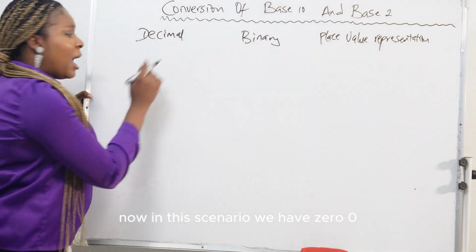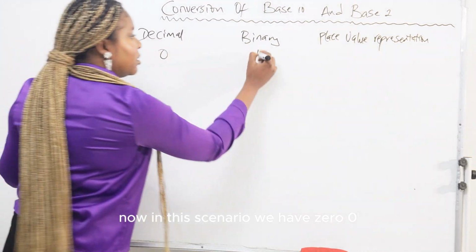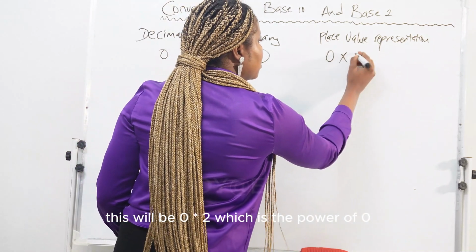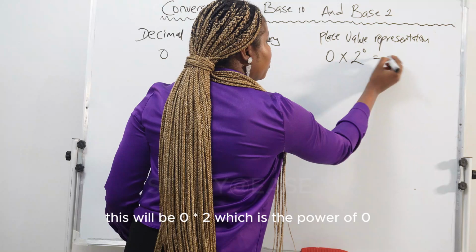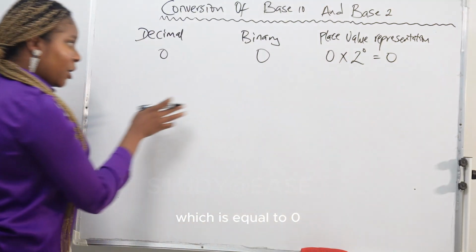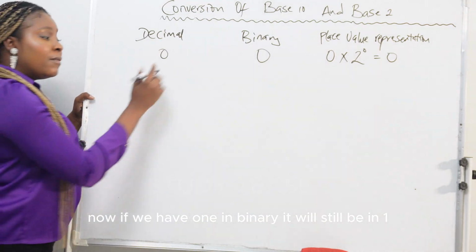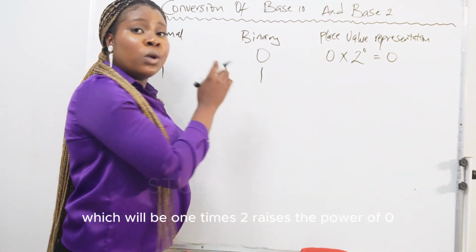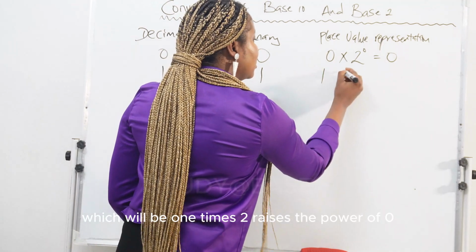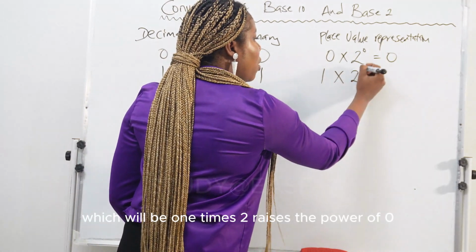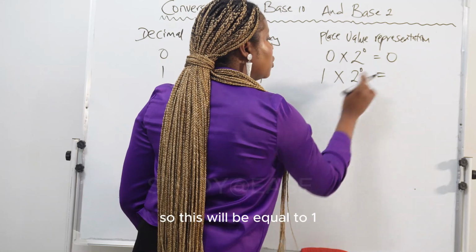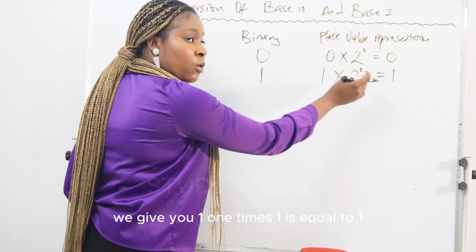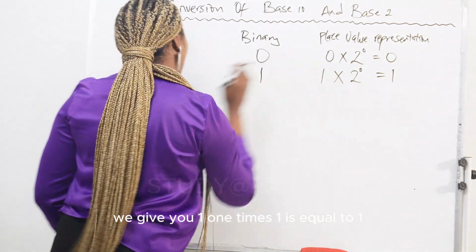Now in decimal, where we have 0, in binary this will be 0 times 2 raised to the power of 0, which is equal to 0. Now, if we have 1 in binary, it will still be 1, which will be 1 times 2 raised to the power of 0. 2 raised to the power of 0 will give you 1. 1 times 1 is equal to 1.